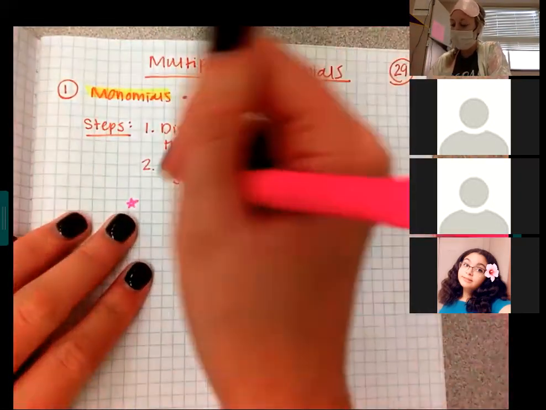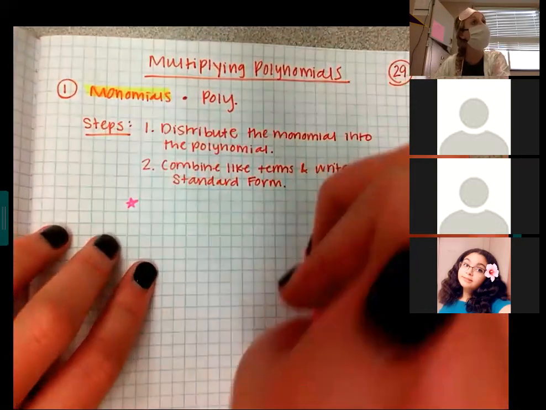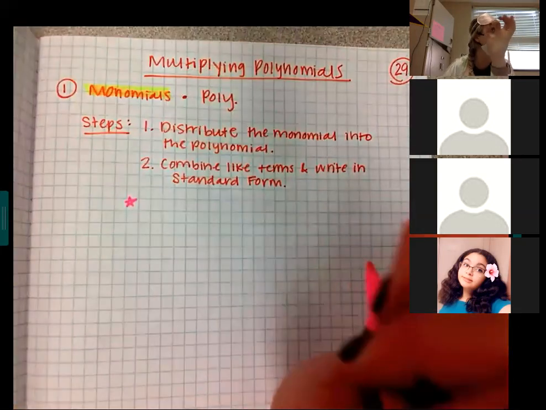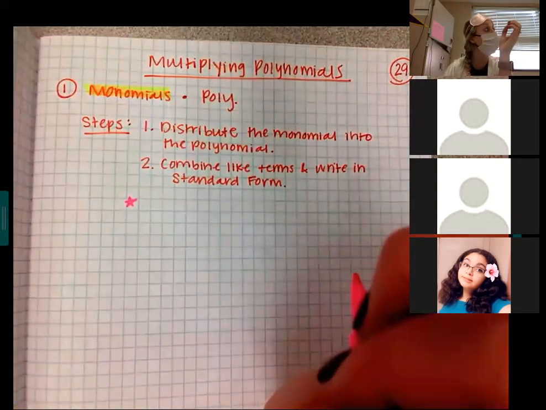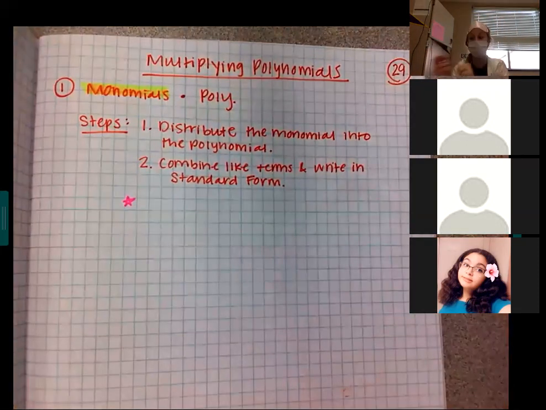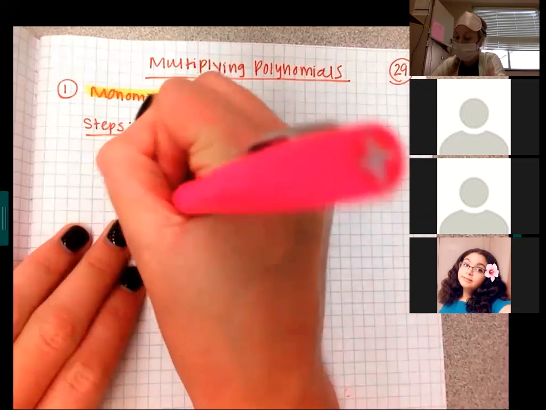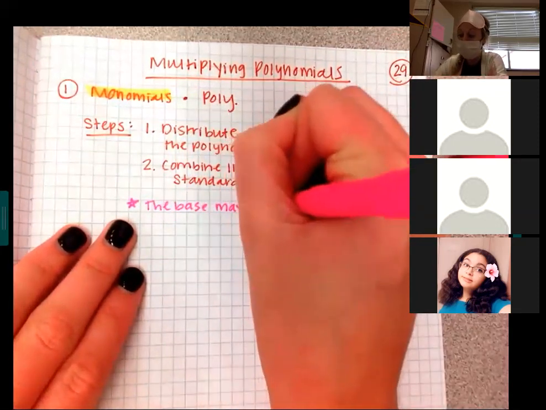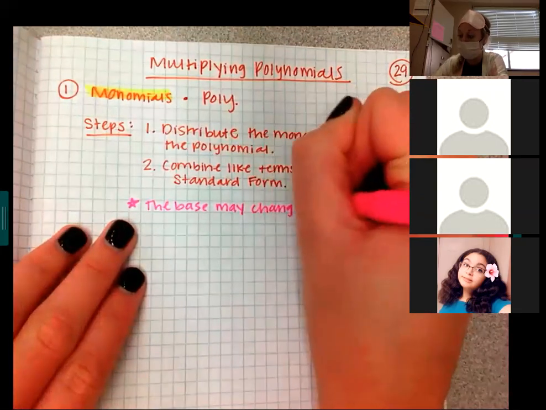Good, Ashley. All right, so when you are multiplying, listen to me. Now the exponents will be affected. Since we are multiplying, our exponents are going to change now. It's not like adding and subtracting where we just keep the base. The base may change. It just depends what you're multiplying by.